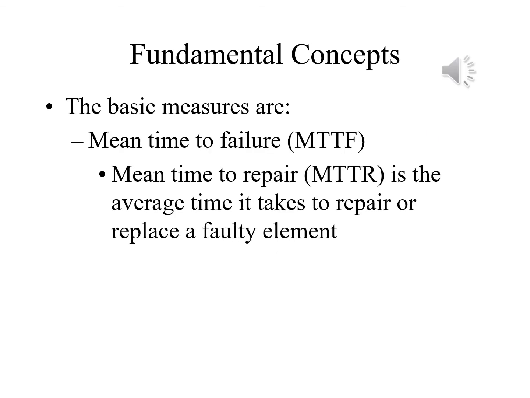The mean time to failure is the mean time between failures during the useful lifetime of repairable or redundant systems. The mean time to repair is the average time that it will take to repair or replace a faulty element.